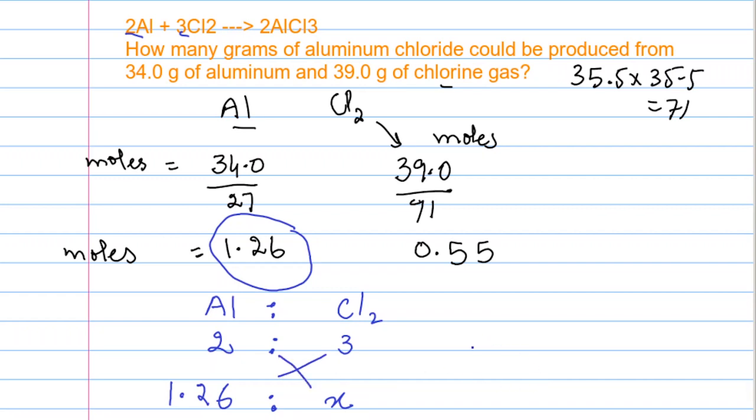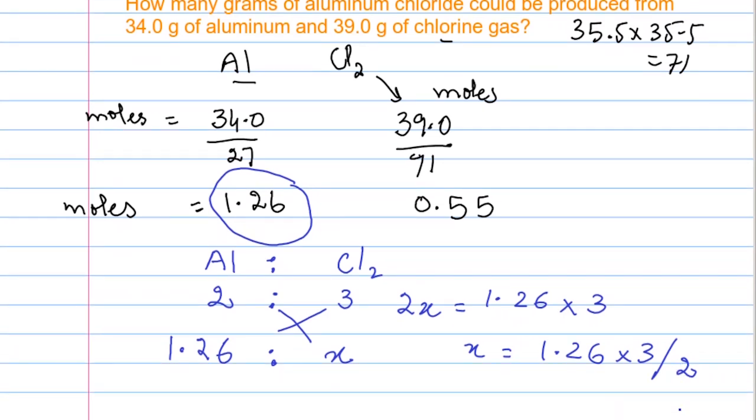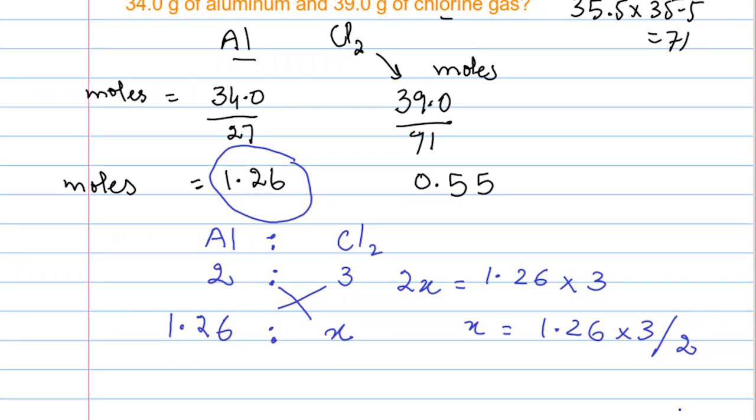We write it like this: 1.26 multiplied by 3, and 2x is equal to that. Now x is equal to 1.26 multiplied by 3 divided by 2. This is the way through which we get the moles of chlorine. If we solve it, we get the answer 0.366.